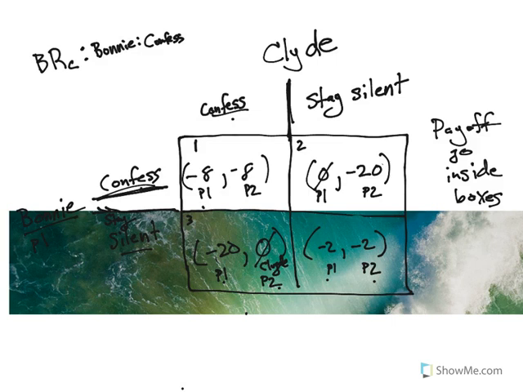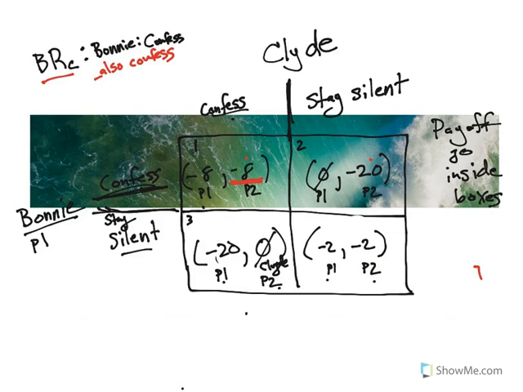So he can, if he knows she's going to confess, go to jail for 8 years or 20 years. Well, 8 years sounds a whole lot better than 20 years. So Clyde's best response to Bonnie choosing confess is to also confess.